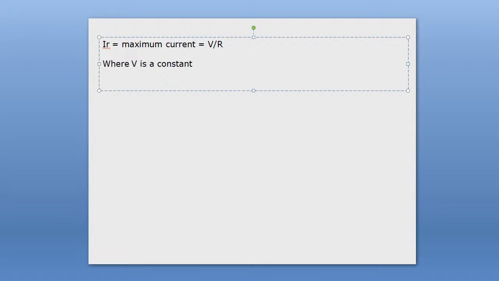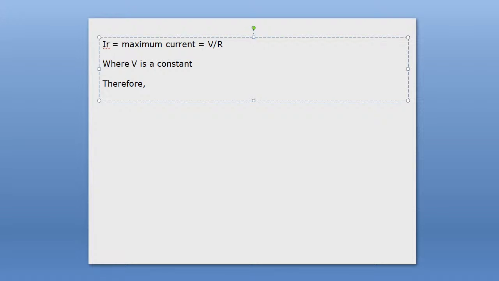Therefore the maximum current I_R is inversely proportional to resistance.